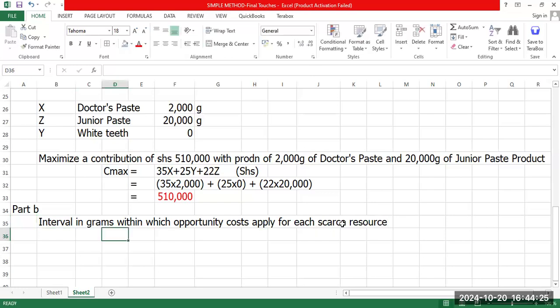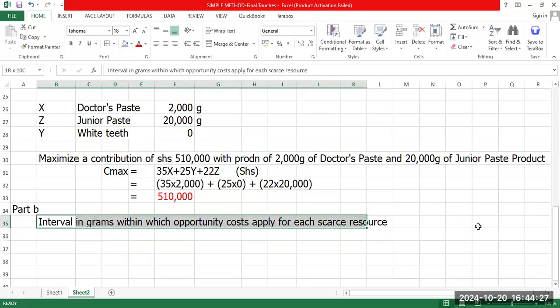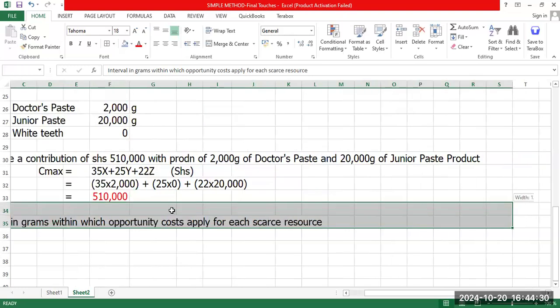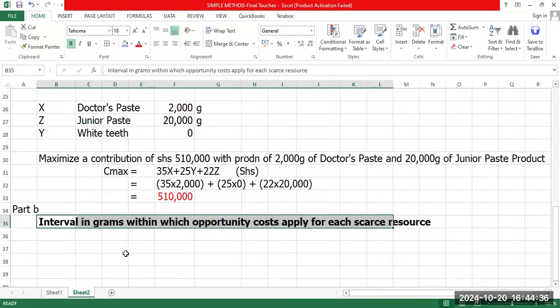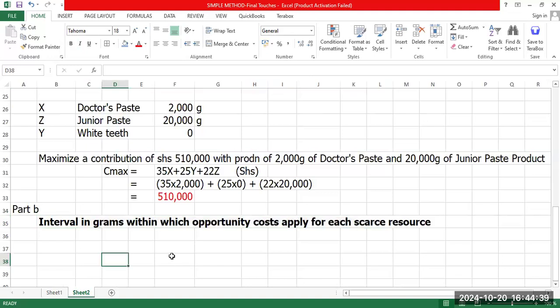The question is here, what are our scarce resources? You will know scarce resources based on your slack variables.